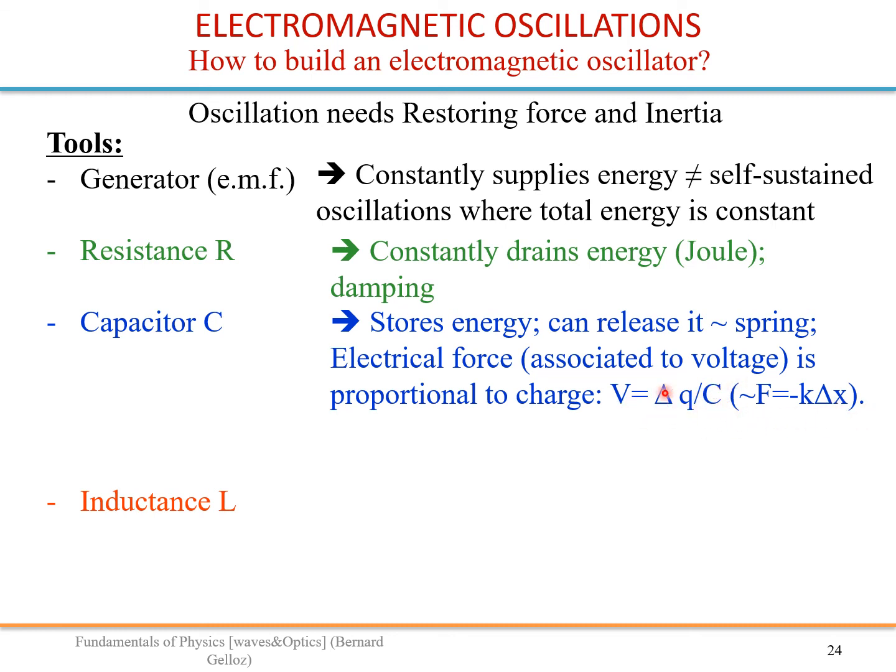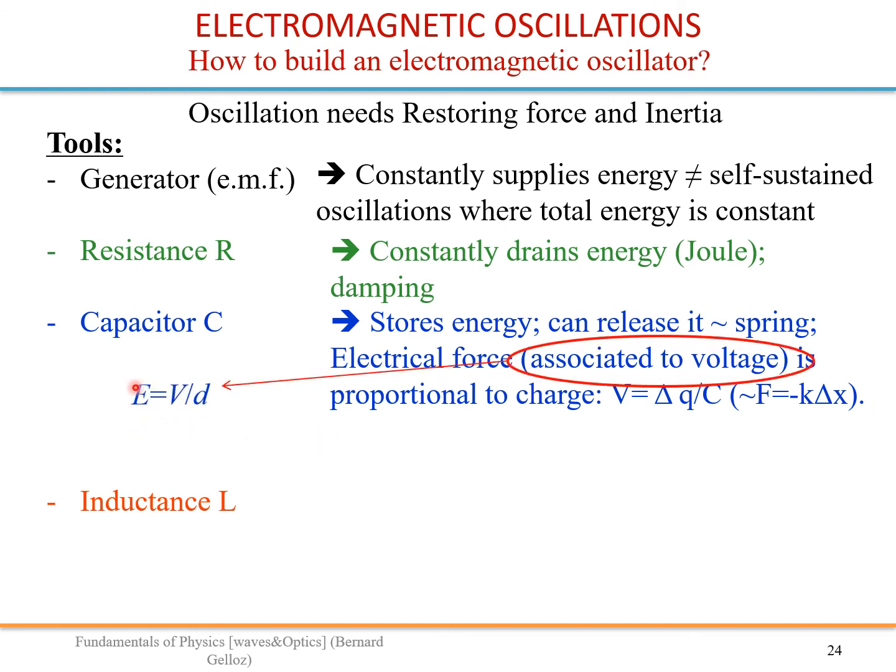What changes for the spring is the position of the block, so it's delta X. Here what changes is the charge that you can put on each face. And then you have something that is a property of the spring, K, and here you have C, a property of your capacitor. So indeed this is very similar. In fact V is directly associated to an electrical force.